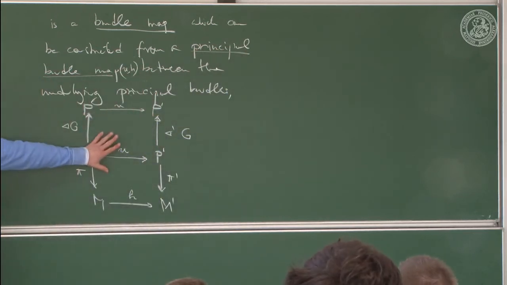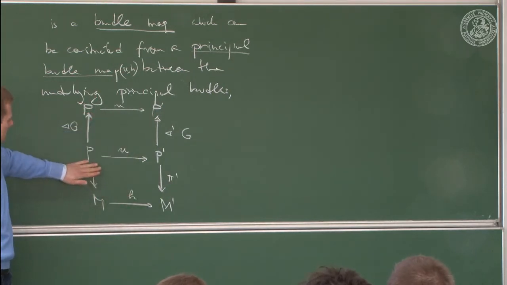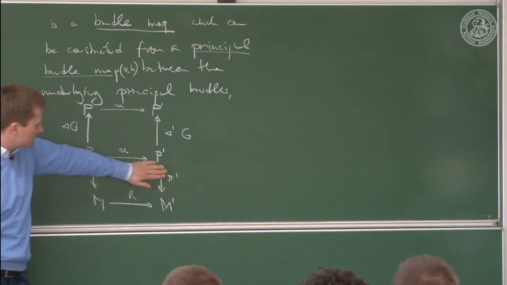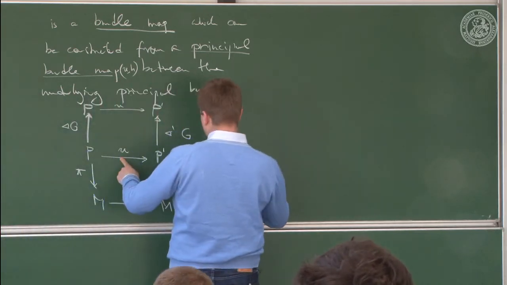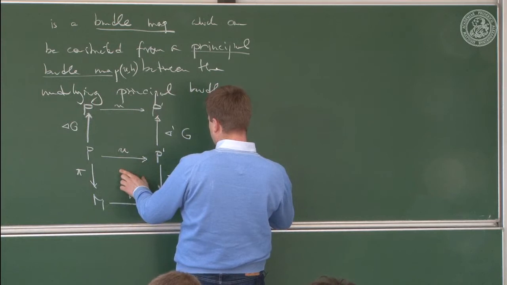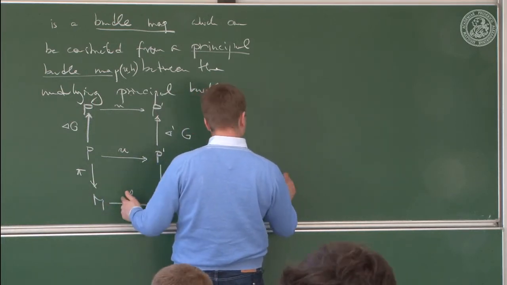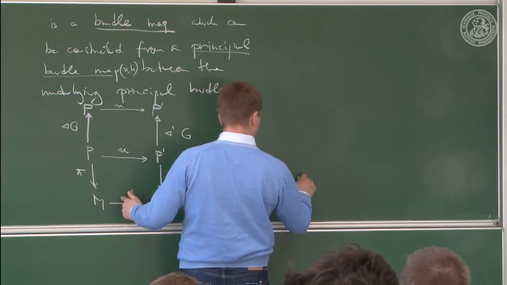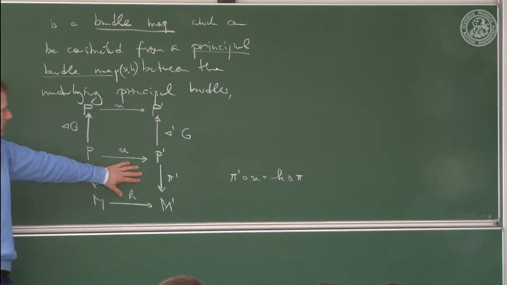Let's recall quickly what a principal bundle map was. A principal bundle map is a bundle map. That means it respects this part of the diagram to commute. That means pi prime after U is H after pi. And that would be a bundle map.